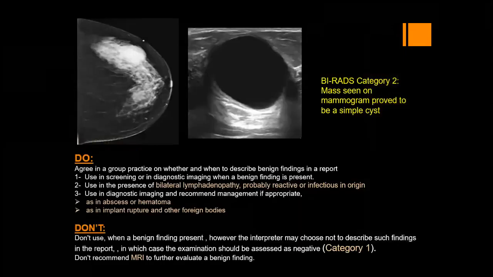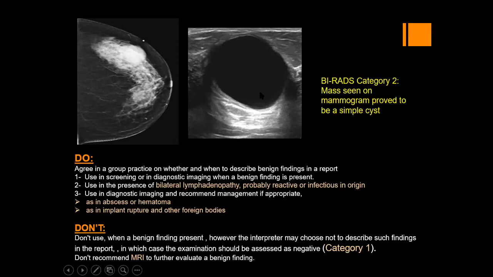Okay, so this is an opacity seen on mammography, but on ultrasound it represents a simple cyst. So the BI-RADS will be 2 based on this downgrading ultrasound.